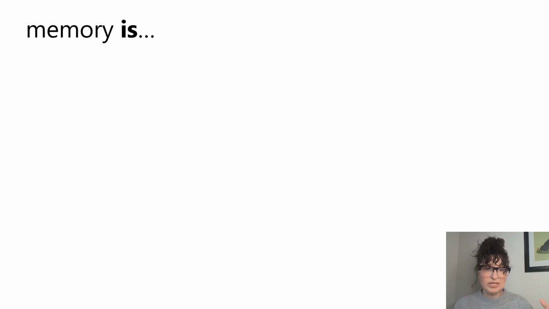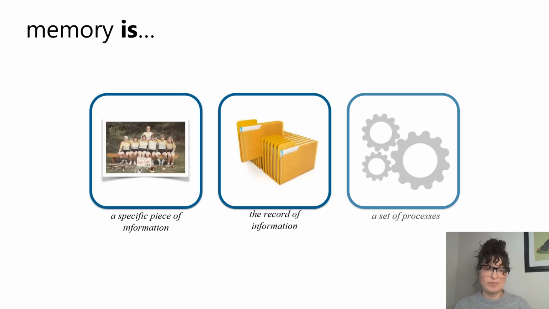So colloquially, we talk about memory in a variety of ways as well. We talk about memory as a specific piece of information. So I remember this one time at band camp, like that specific piece of information. We also talk about memory as the record of information, like this place where we store all of our memories.